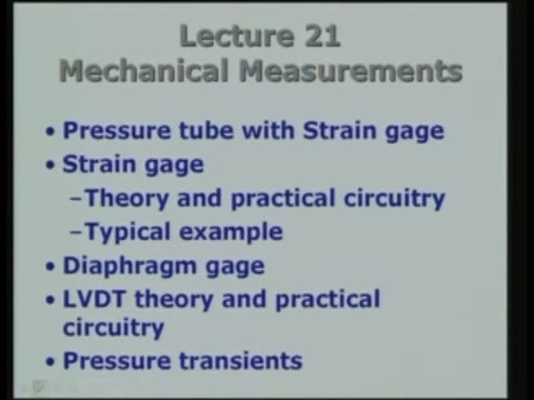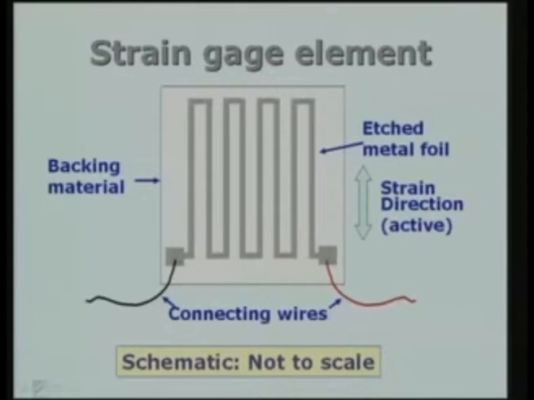So, if we look at the next slide, I have in fact shown a strain gauge element. It consists of, as you can see here, a wavy line. The wavy line happens to be a material which is deposited or etched on a metal foil. Etched means the rest of the material is removed and only this amount of material, shown here in the form of a zigzag, is going to be present.